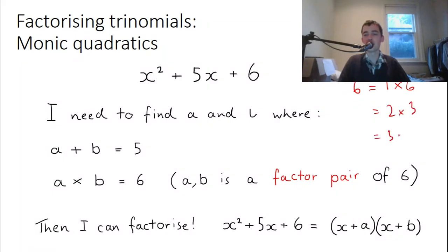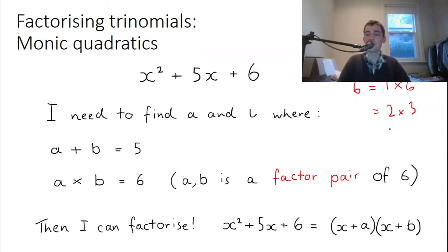I could write 3 times 2, but we've already got 2 and 3, so we don't need to do that. Do either of these two factor pairs add up to 5? Can these two numbers be our a and b? Well, 1 plus 6 is 7, so that does not work. 2 plus 3 is 5.